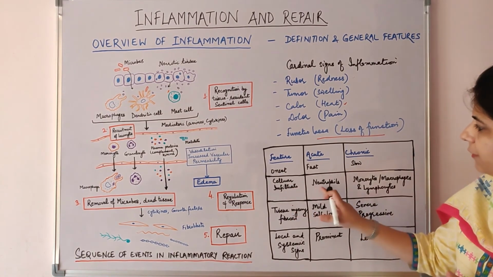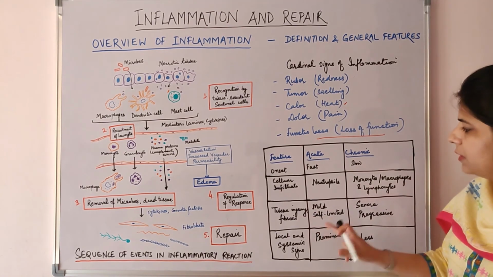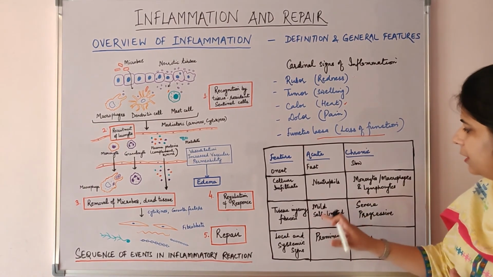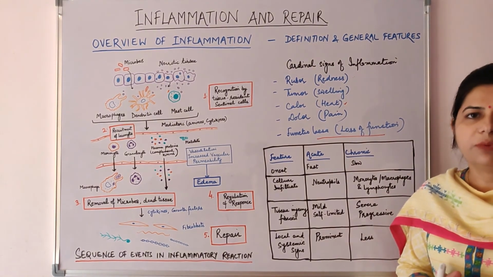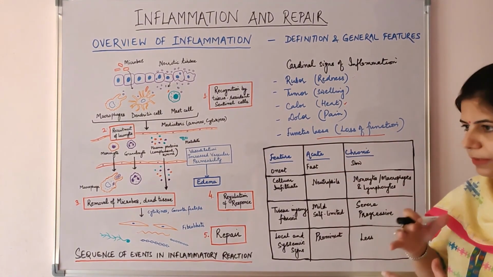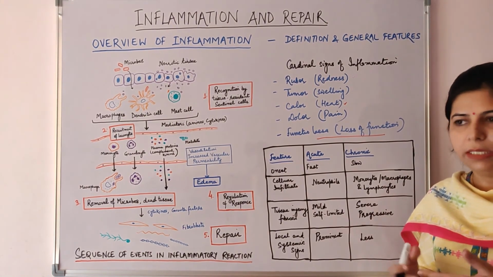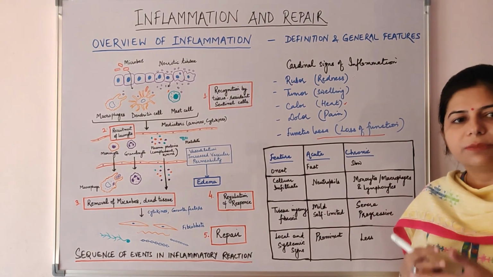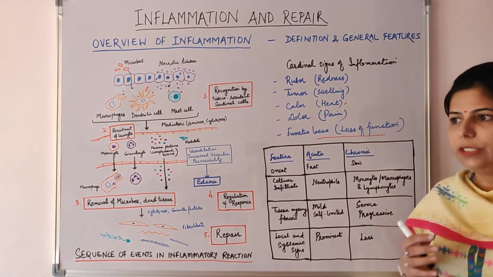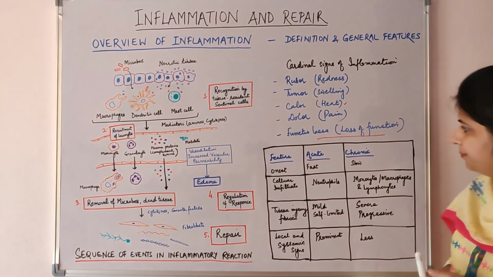The cellular infiltrate is neutrophils, and the tissue injury and fibrosis are mild. The local and systemic effects are prominent. In acute inflammation there will be fever, and if there is disseminated bacterial infection which can lead to sepsis, then there can be systemic inflammatory response syndrome, which can lead to some major pathologic abnormalities.